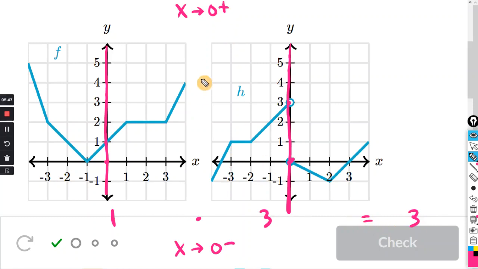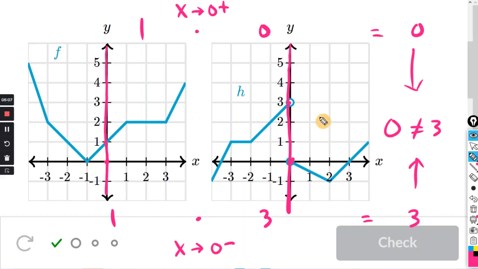From the positive side, going to x equals 0, we land on 1. On the other graph, from the positive side, we land on 0. 1 times 0 equals 0. So 3 and 0 do not match. So it's going to be DNE. Does not exist.